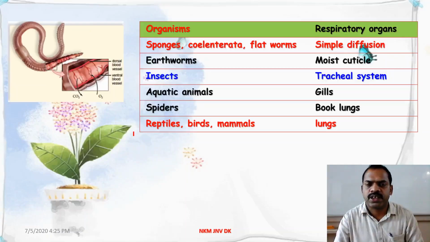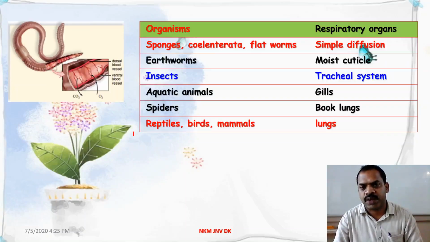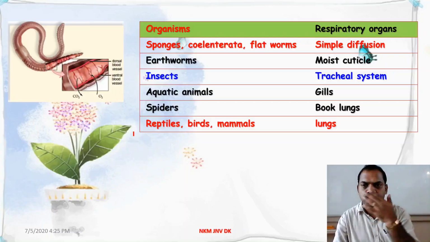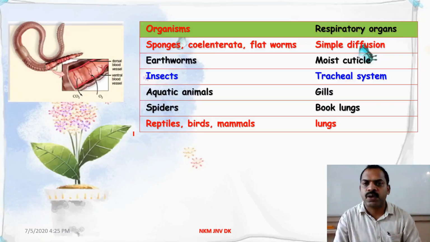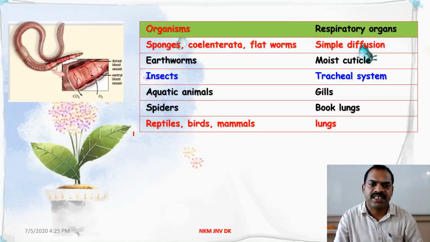We have studied last year sponges, cnidaria, porifera, hydra, planaria, jellyfishes. Flatworms: Planaria is a flatworm. Taenia solium is a flatworm. They are using simple diffusion. Earthworm using moist cuticle or the skin.